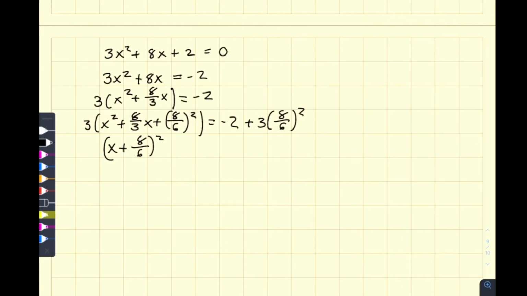So, whatever is being squared is actually just going to be added together in this case. And if this value here is negative, then this value here will be negative. And this will equal negative 2 plus 3 times 64 over 36.